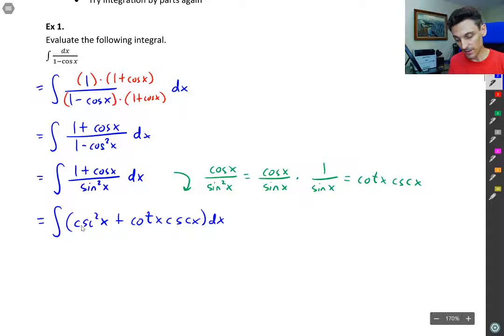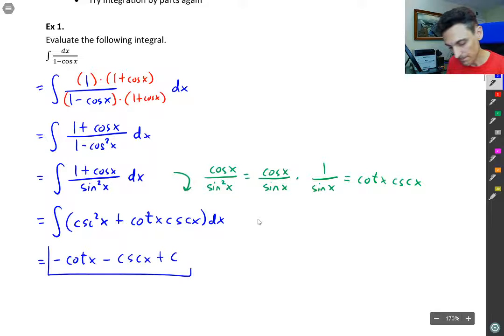If we separate this out, the integral of cosecant squared x is going to be negative cotangent x. And the integral of cotangent x cosecant x is negative cosecant x plus c.